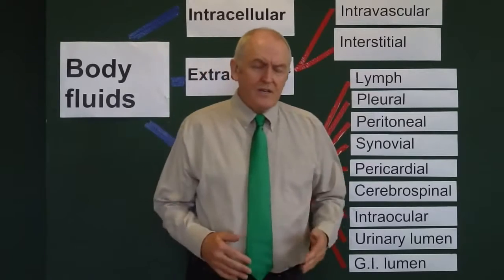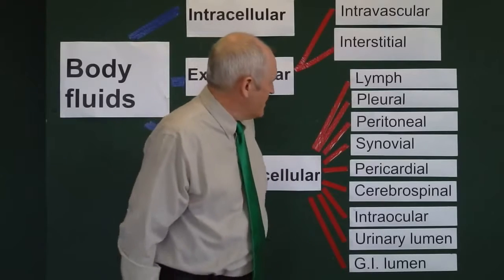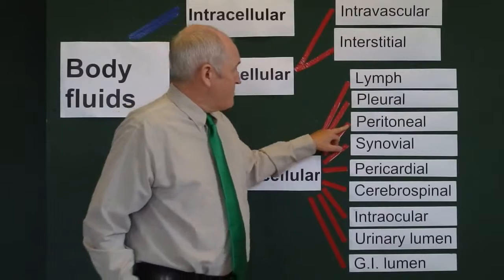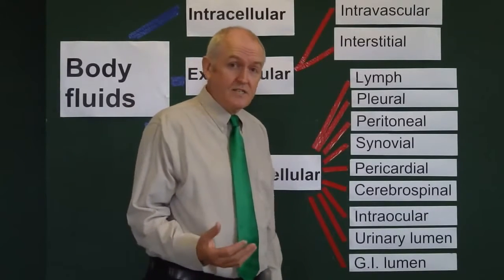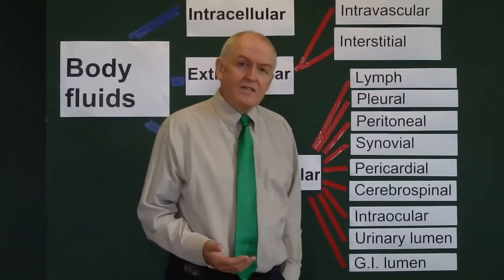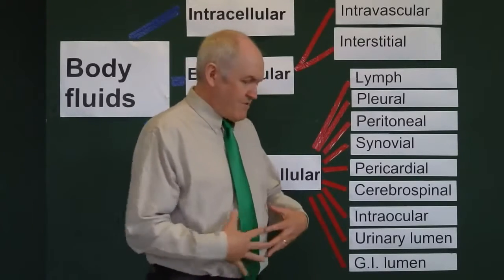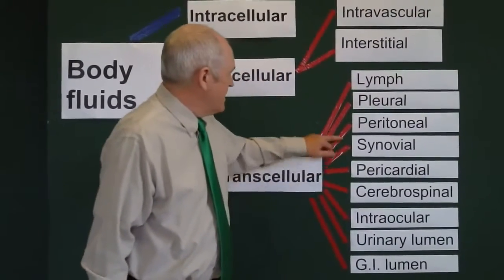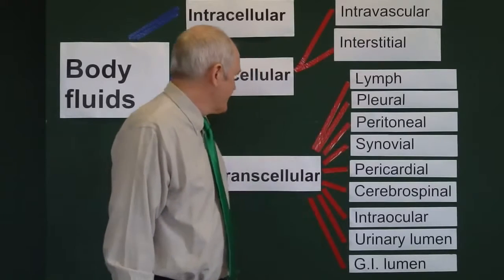So in health, there's only a very small amount of serous lubricating fluid between the parietal and the visceral peritoneal membrane. But again, this can accumulate in pathological situations, giving rise to ascites. So for example, you might see this in liver cirrhosis, or you might see it when there are metastatic tumours growing within the peritoneal cavity in the pathological situation.